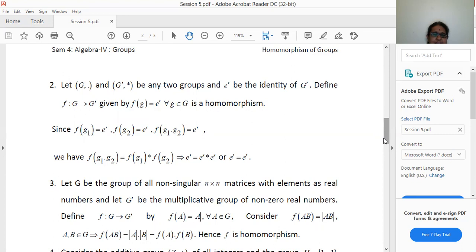The mapping f from G to G' is defined by f(A) = |A| for all A belonging to G.